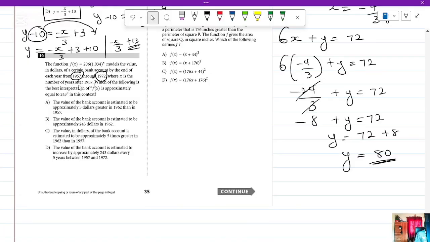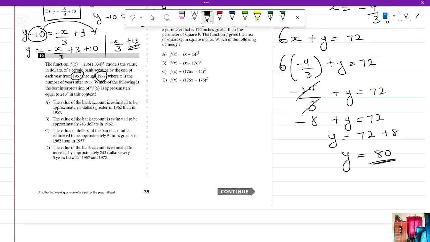So if x is 1, that will be 1958. If x is 2, that will be 1959. Right? Which of the following is the best interpretation of f of 5 is approximately equal to 243 in this context?